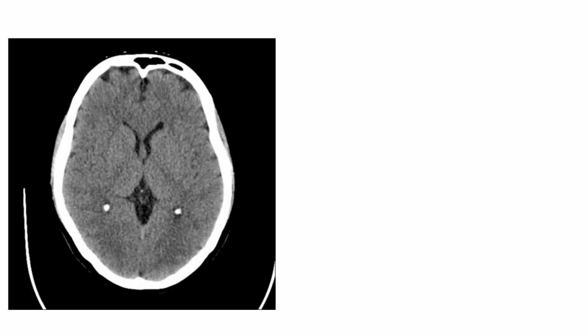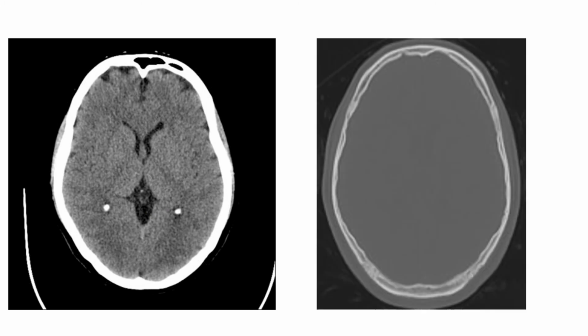Another CT scan, and let's talk about another modality of the CT scan, which is the CT scan bone window. This one is called the CT scan brain tissue window, and this is the CT scan bone window. What's the difference? In the bone window, you see only the bone. You see the outer cortex and the inner cortex.